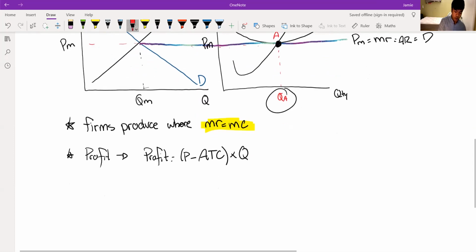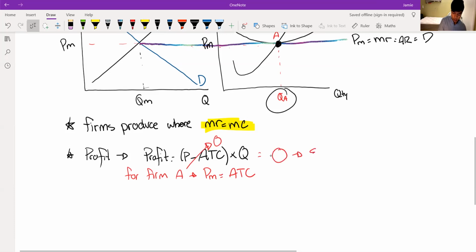So for firm A, the PM is equal to average total cost. So two values that are equal, and I'm subtracting one value from the other. This is going to be 0. 0 times any quantity is equal to 0.